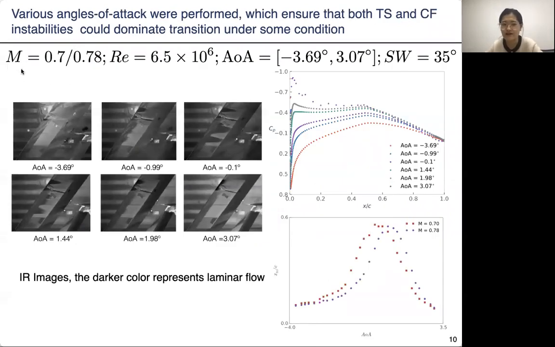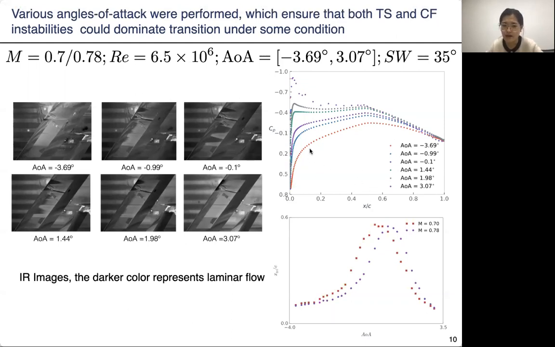For the test conditions, the Mach number is 0.7 and 0.78, and the Reynolds number is 6.5 million. The angle of attack ranges from a large negative value to a large positive value. The wide range of the angle of attack makes sure that the transition mechanisms include both the Tollmien-Schlichting instability and the cross-flow instabilities.